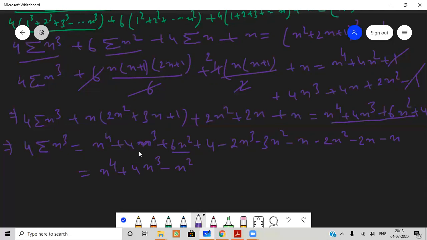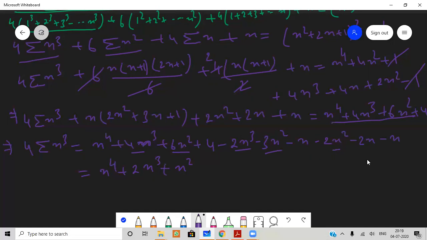Here we have 6n square, then 3 and 2, 5n square.